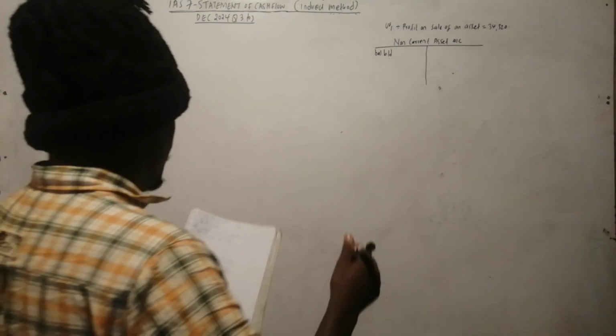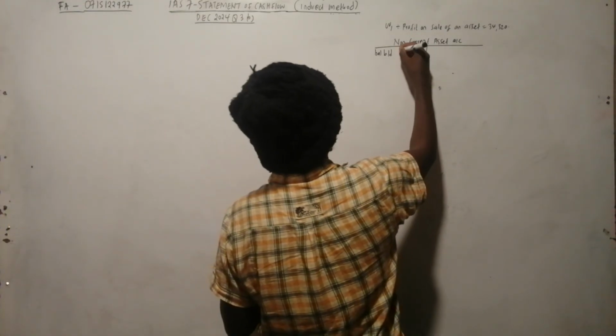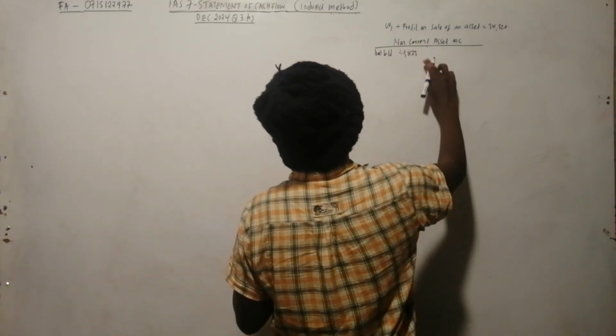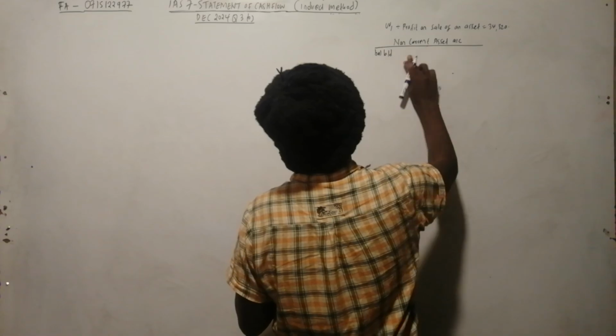Now, when you take the cost, you less the accumulated depreciation, you get the net book value. Now, in this case, the first item, for example, in 2023, the opening balance of the non-current asset is 27,833,208, that is the cost. Let me write it again.